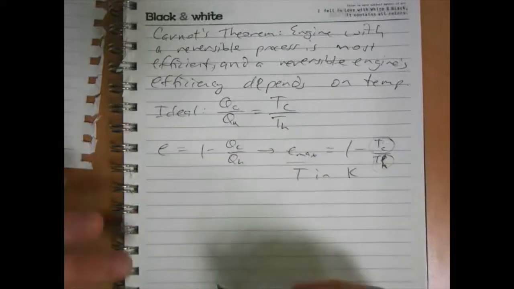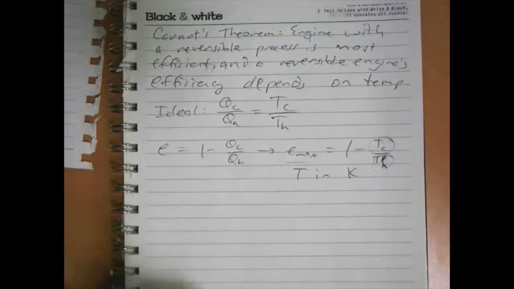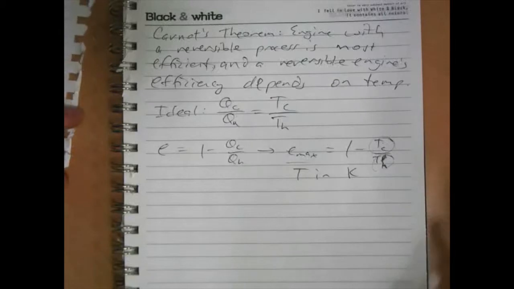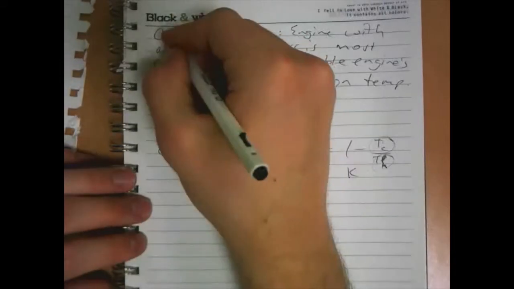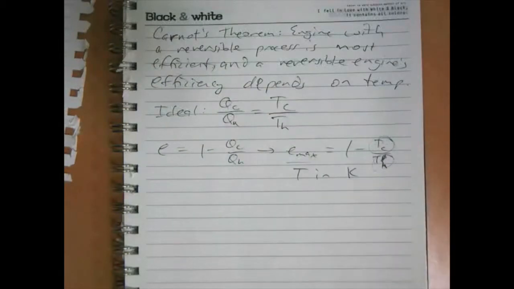Practically, there is a point of diminishing returns, because if you're using so much energy to heat up the hot reservoir, and you're using up energy to cool the cold reservoir, then you don't wind up with that much energy that is able to do work.